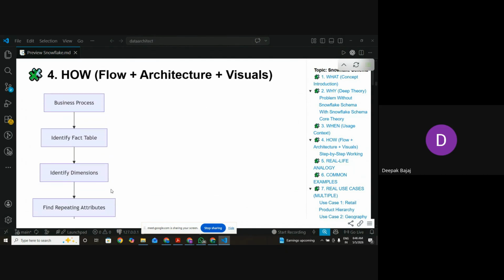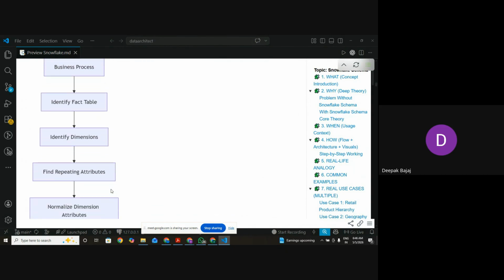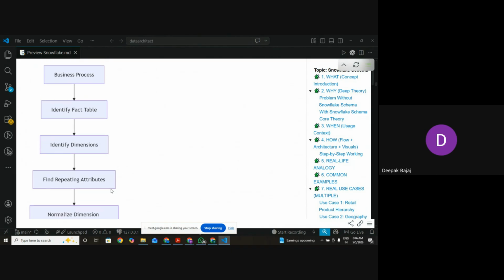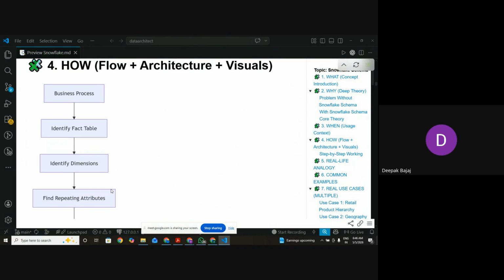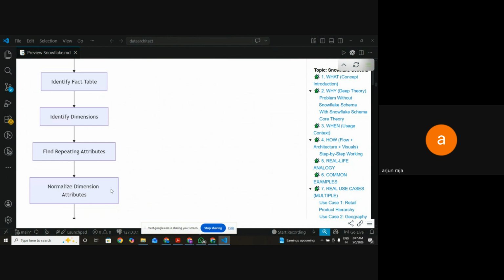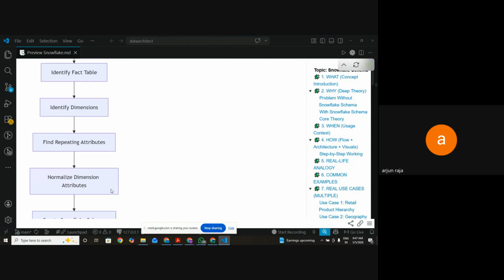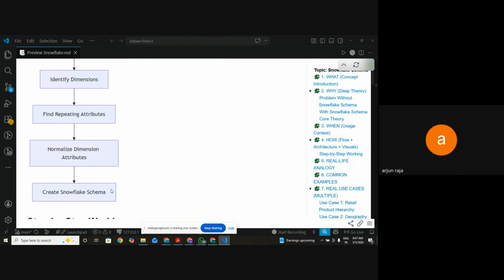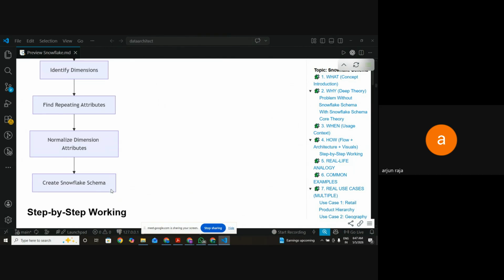See the flow chart. If you have any question or concern, feel free to ask. Business process, then we identify the fact table, then identify the dimensions, then find repeated attributes, normalize dimension attributes, then create snowflakes.